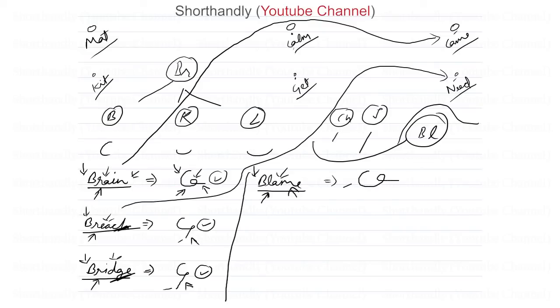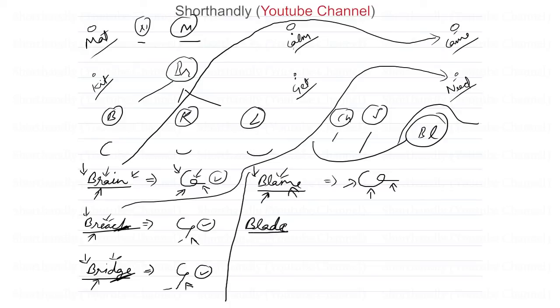So we have this B, then this L, which is a long curve, and then this final M, which is a long stroke. N is made like this and M is made like this, which is a longer stroke than N.